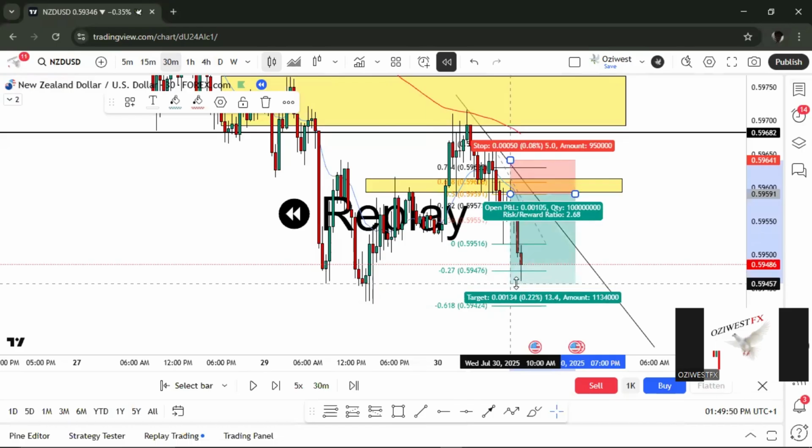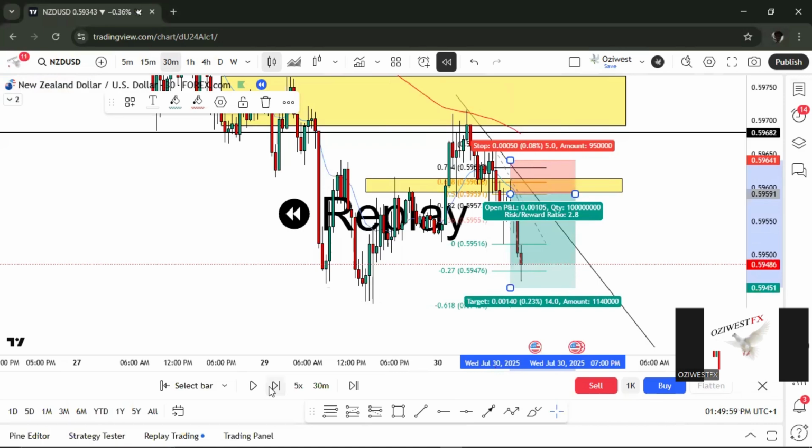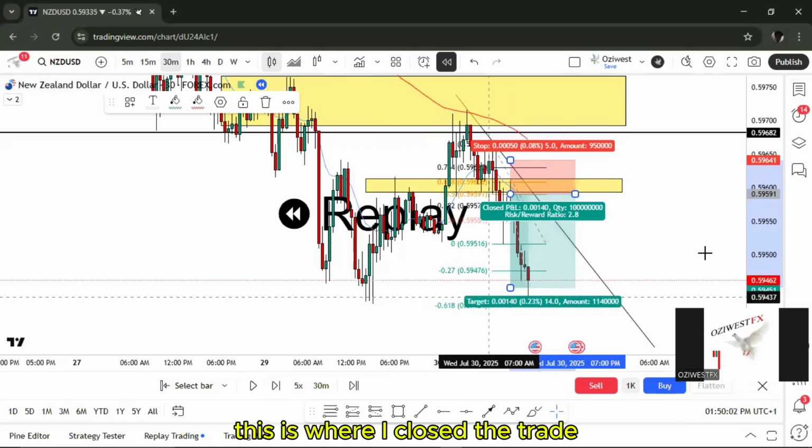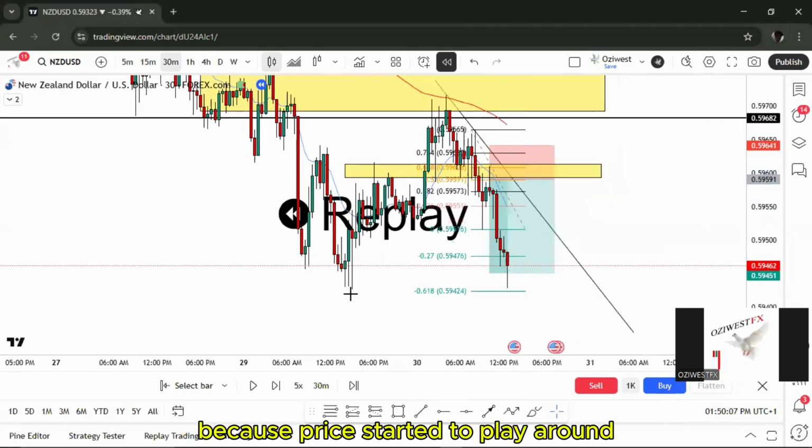Okay, it was somewhere here, 0.5945, right here. Yeah. This is where I closed the trade because price started to play around.